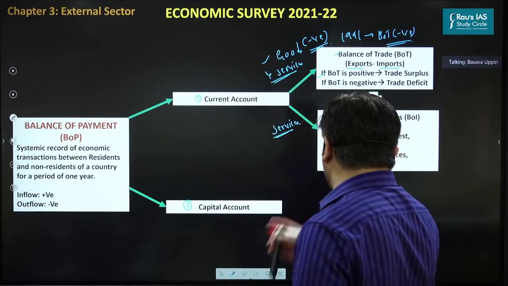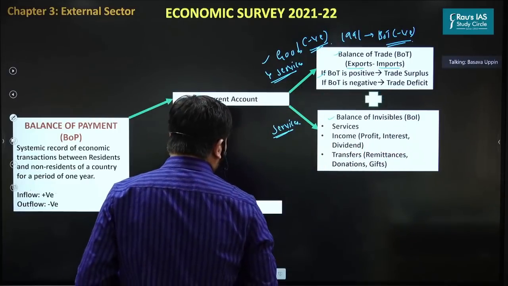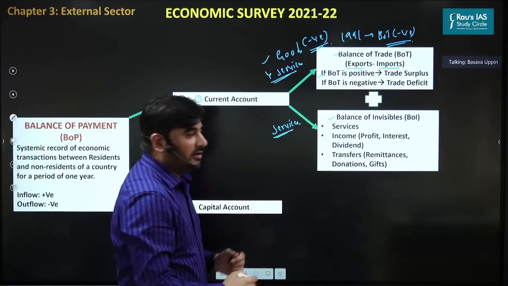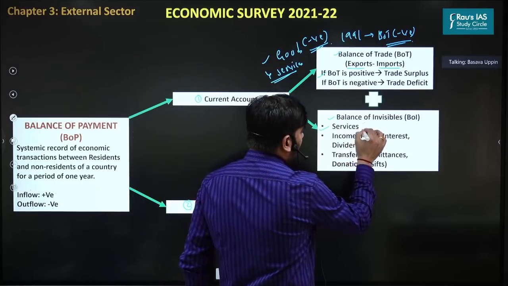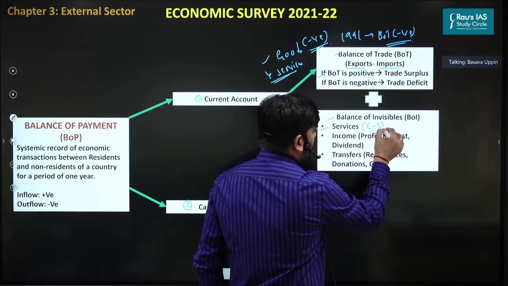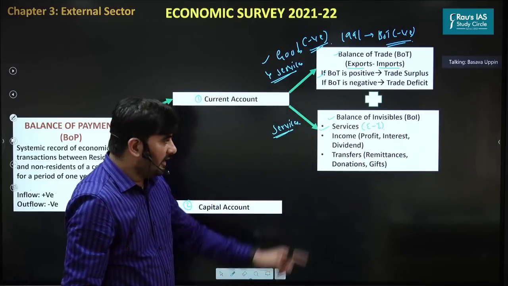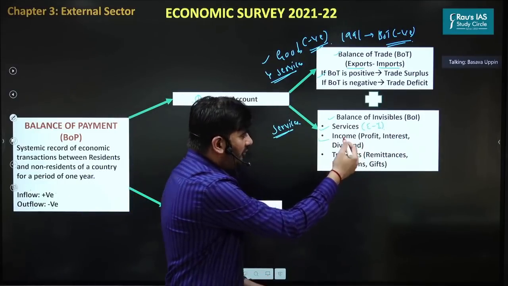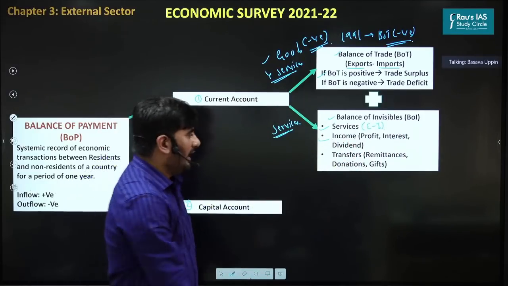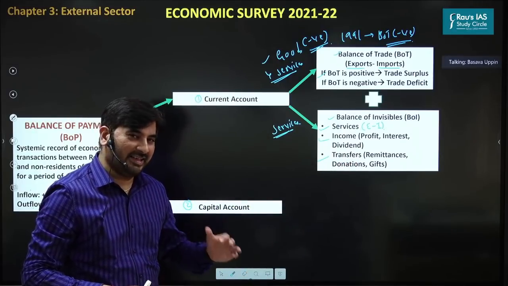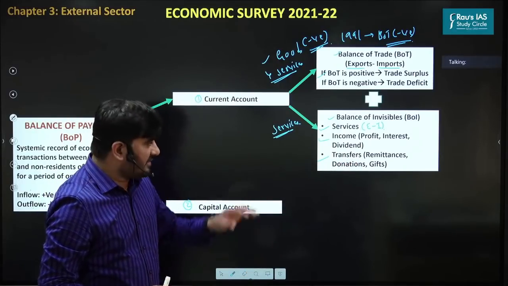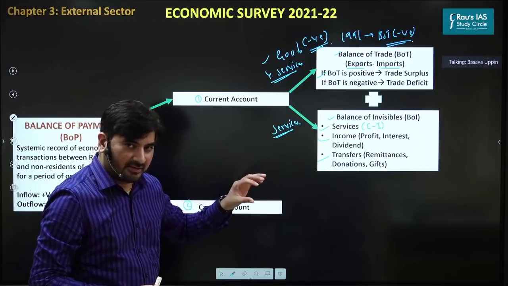Next, as far as the balance of invisibles is concerned, here we take into account the net export of services, which is once again total export of services minus total import of services, net of income, that is profit, interest, and dividend, and net transfers, which include remittances, donations, and gifts.